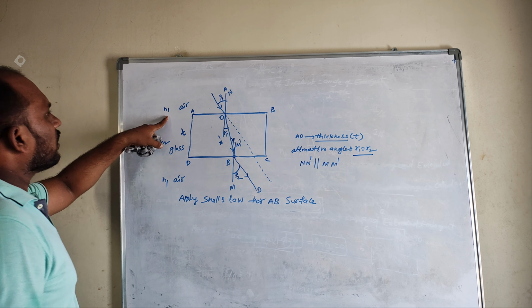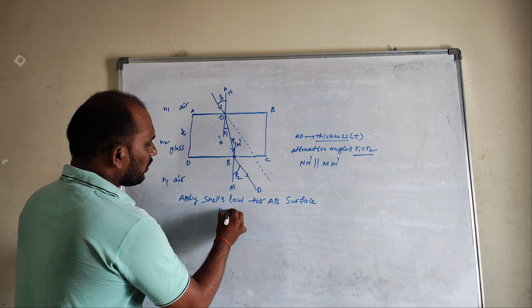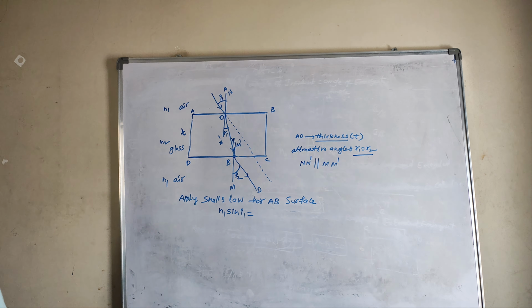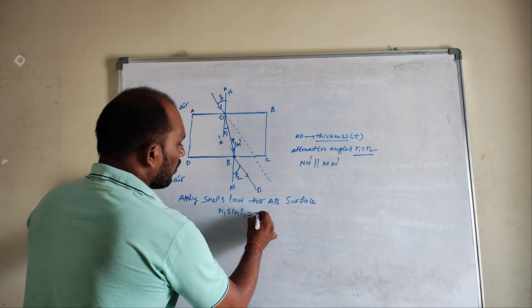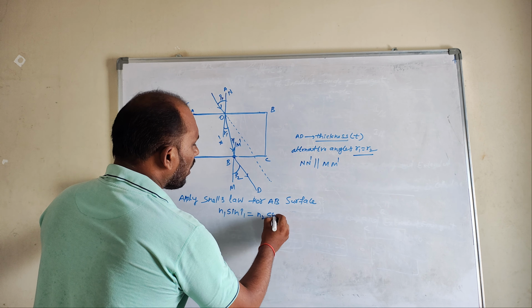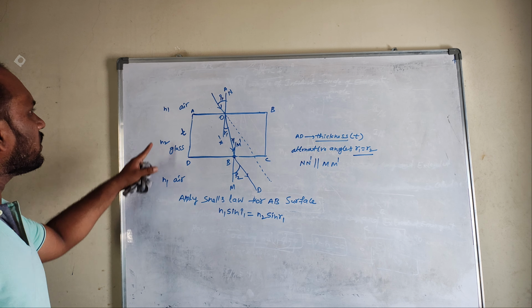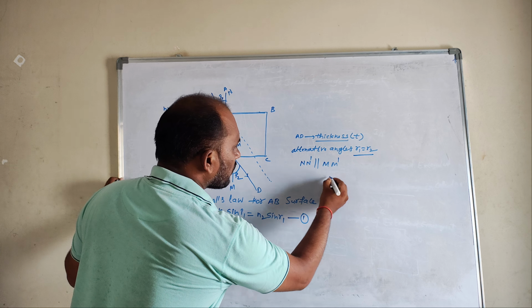What is the refractive index of the incident medium? N1 sin I1 is equal to, what is the refractive index of the second medium? N2 sin R1. Keep in mind, guys, sin R1. So I have implemented Snell's law for the AB surface. Let us say equation 1.